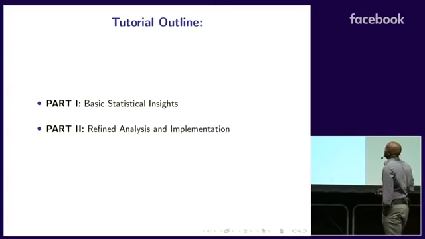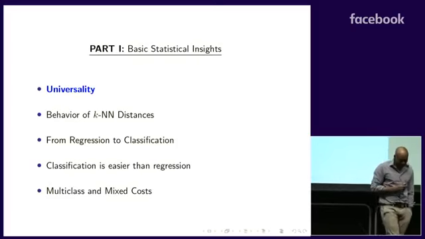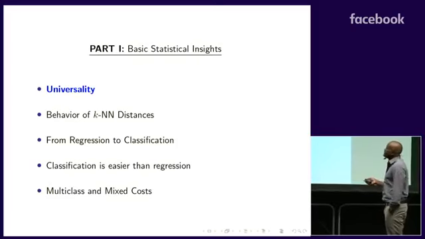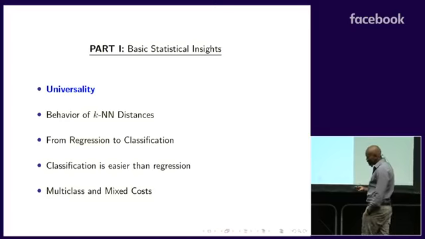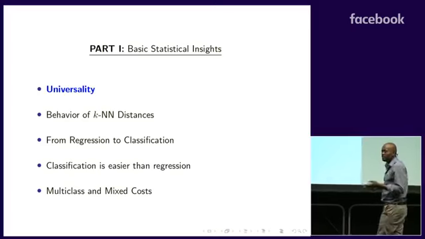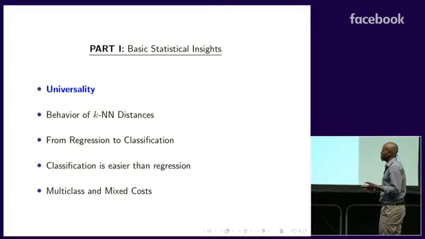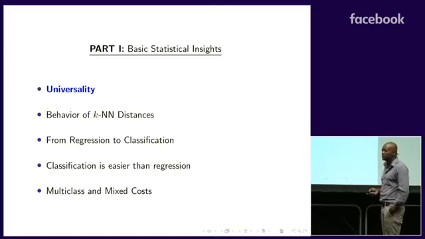All right. So, basic statistical insights. The basic statistical insight starts with the universality of nearest neighbors. We know that nearest neighbors are non-parametric methods, and we've all heard that they can fit anything. I'll start with why they can fit anything, and in what sense, and then from there we'll get into more recent results.